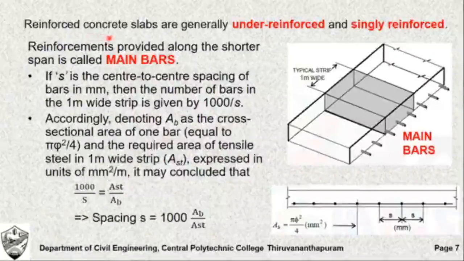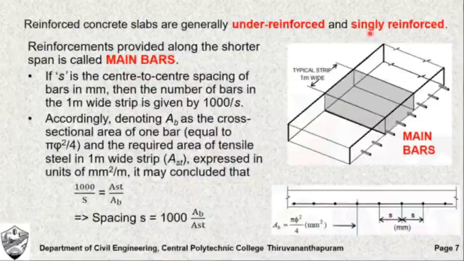Generally, reinforced concrete slabs are under-reinforced and singly reinforced in nature. This should be borne in mind. At the time of design, since it is an under-reinforced section, we must ensure that XU is less than XU max.